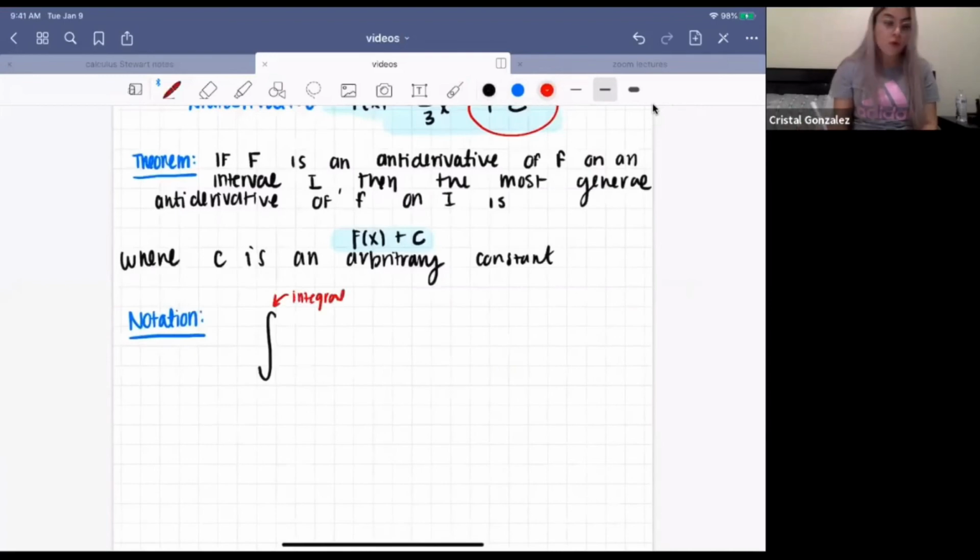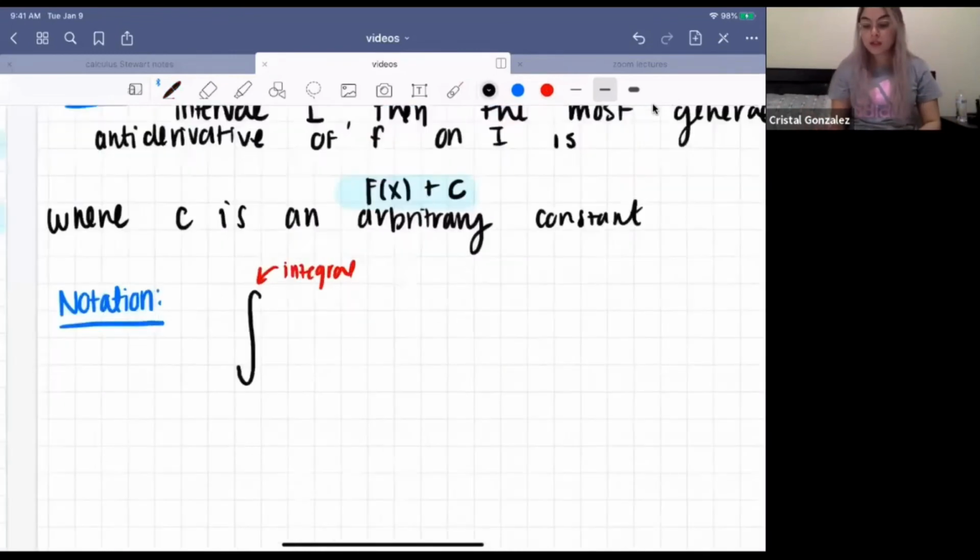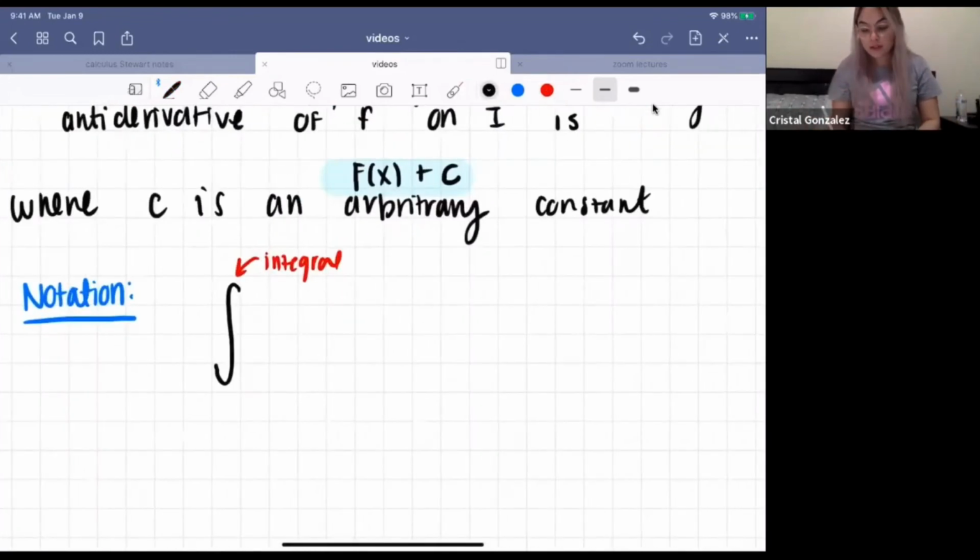And so when we say antiderivative, we can also say we are going to integrate some type of function. For example, we would say the integral of, let's say, 5x to the 7th power, and then we'll end with a dx. So this is what we're integrating with respect to.